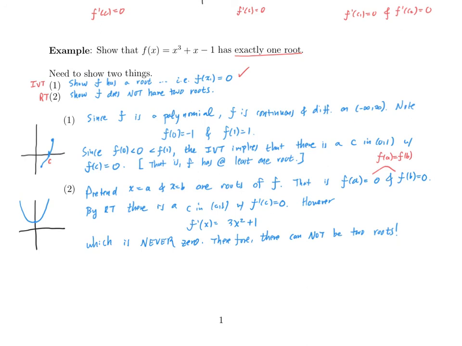So we have shown that the polynomial has a root and that it does not have two roots. So what we should do now is get a conclusion in here and just make a simple statement. f has exactly one root.